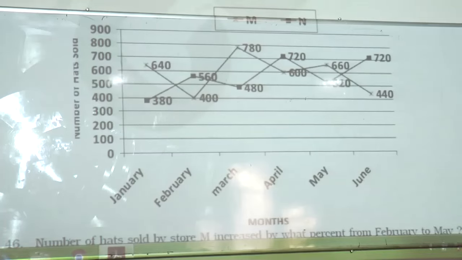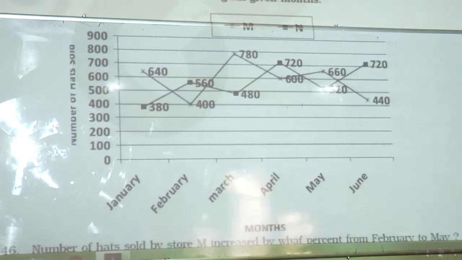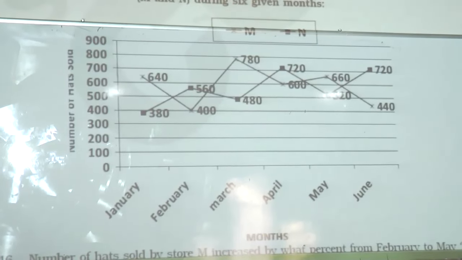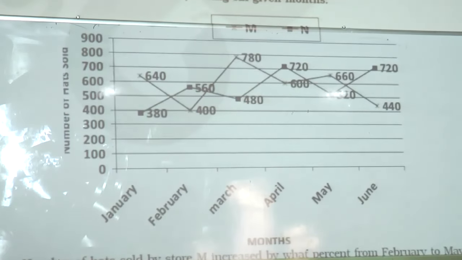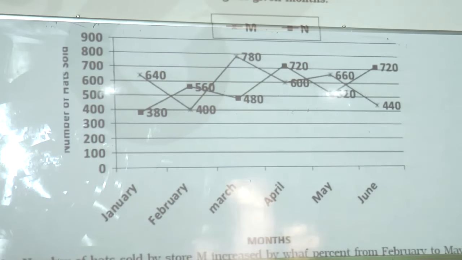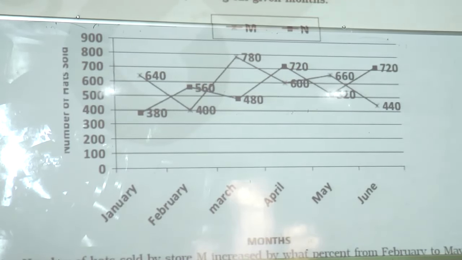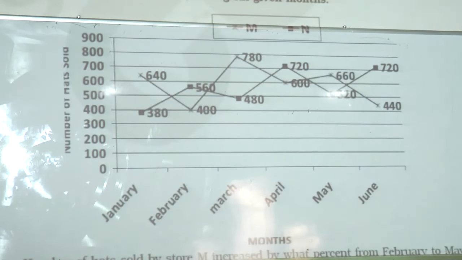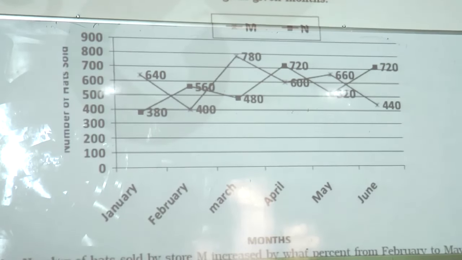If the total number of hats sold by stores M and N together in July is 15% more than the total number of hats sold by the same stores together in June, what is the total number of hats sold by the same stores together during July? What percent more did they say? 15% more. The answer should be 115%.